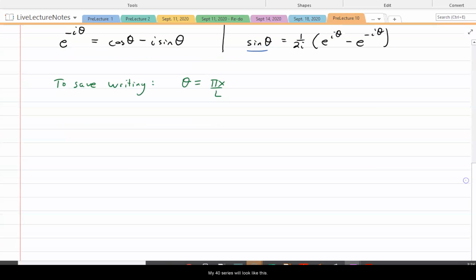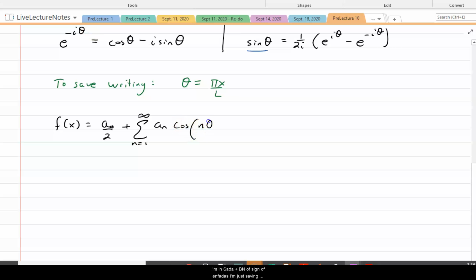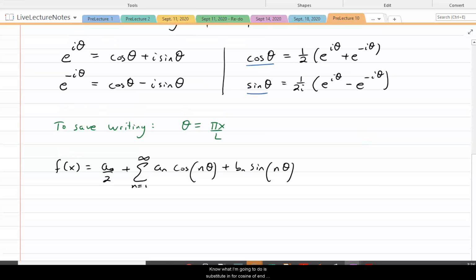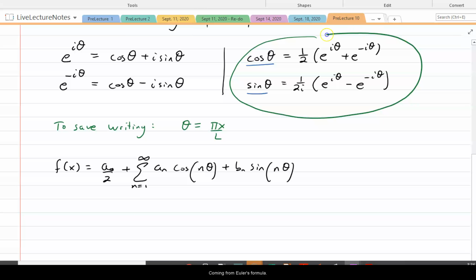Then I'm going to rewrite my Fourier series. My Fourier series will look like this: f of x is equal to a0 over 2 plus the sum from n equals 1 to infinity of an cosine of n theta plus bn sine of n theta. I'm just saving myself some writing by defining that theta. Now I'm going to substitute in for cosine of n theta and sine of n theta the formulas coming from Euler's formula.